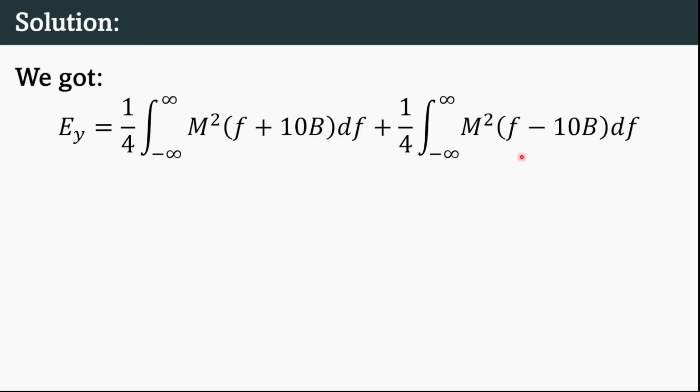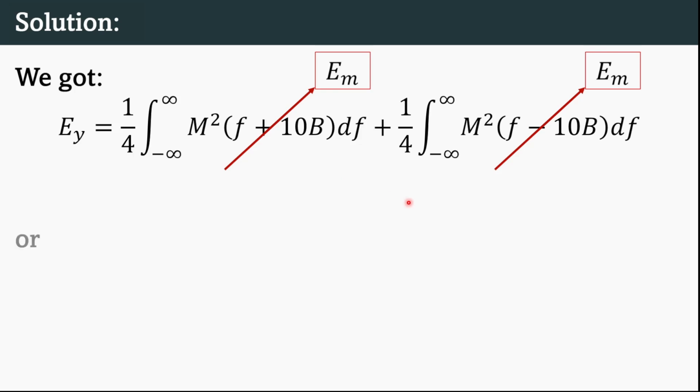Here you see that there is a shift of plus 10b for m of f, and that also should not affect the energy. Hence the integral in the first term is equal to Em, and the integral in the second term would also be equal to Em, because energy is invariant to shift either in time domain or in frequency domain. So what do we get?